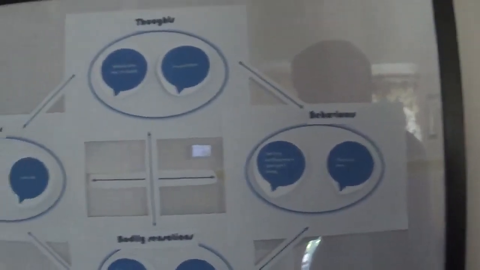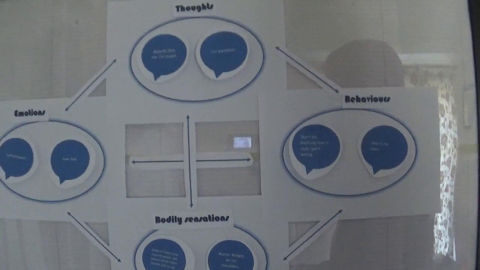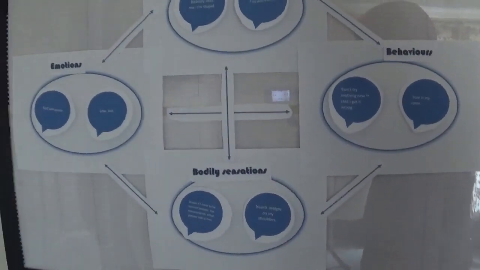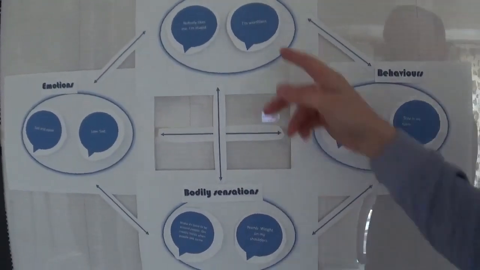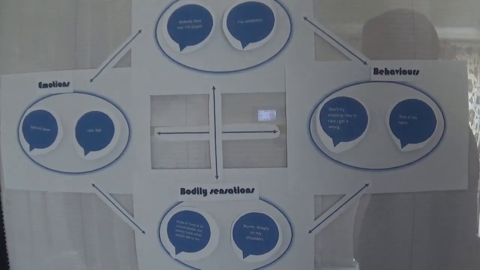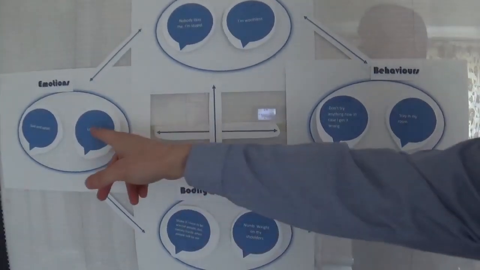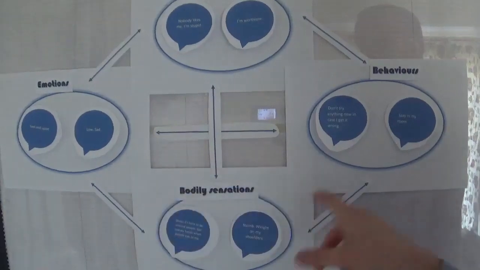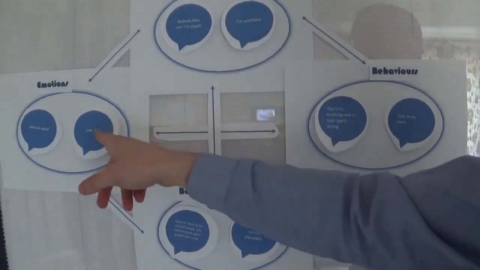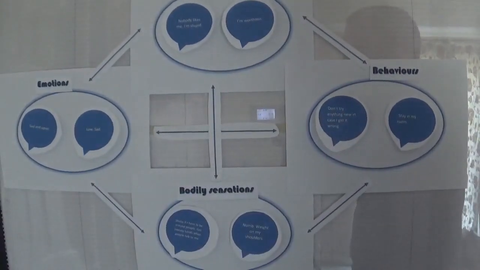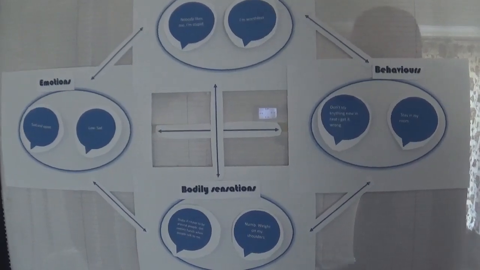So again, if we're looking at the model and how it works, if you're thinking that you're worthless, the arrows, everything's linked. If you think that you're worthless, that makes you feel low and sad.